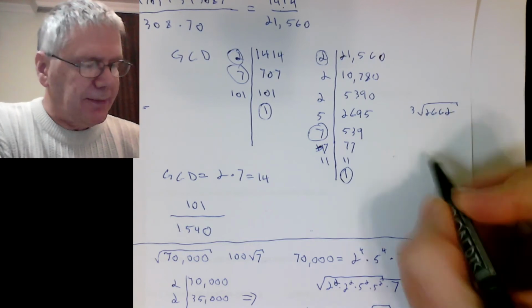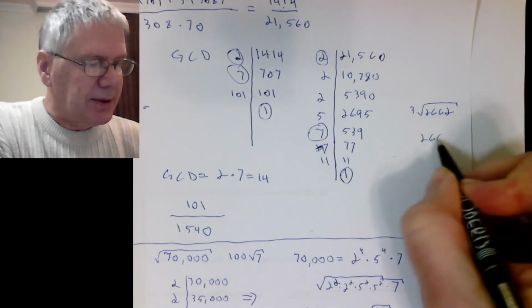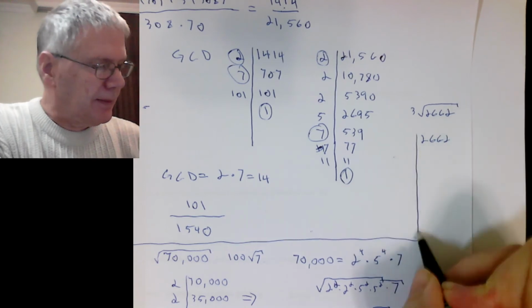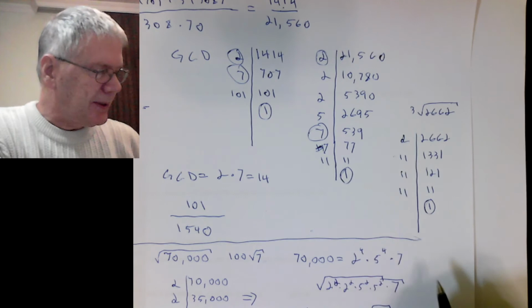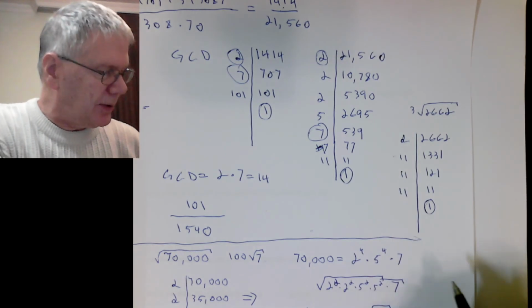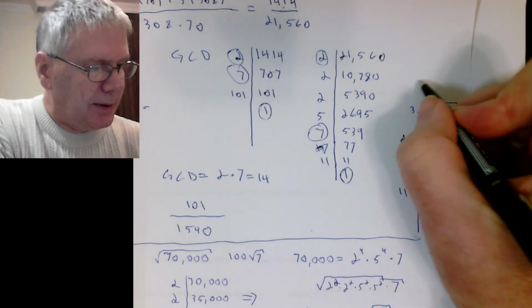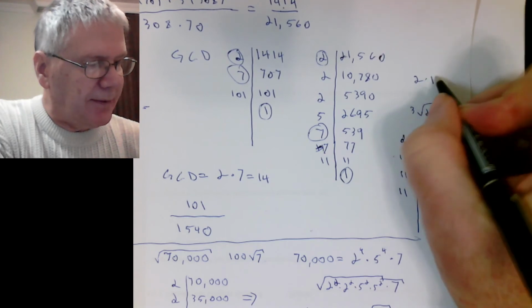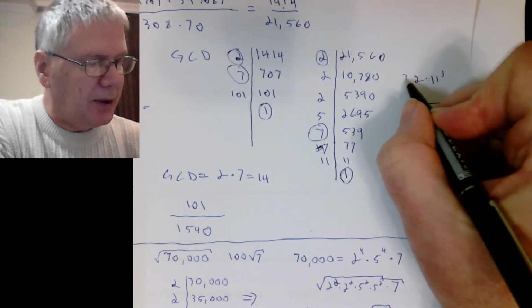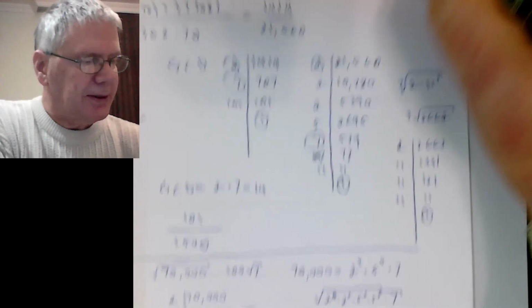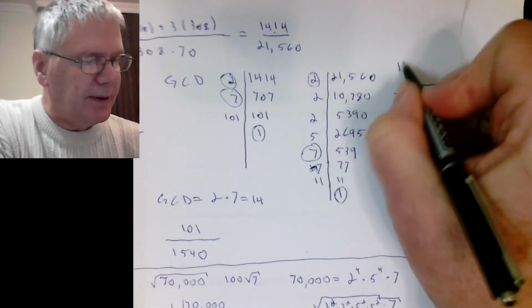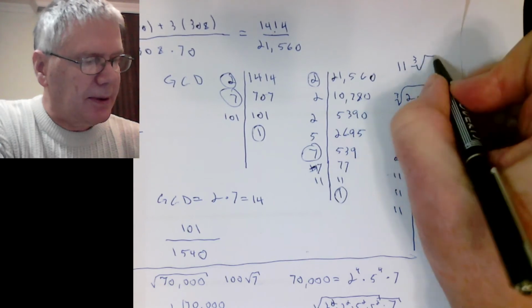So I want the factors of 2662 this time. The 2662 is 2 times 11 cubed, and I'm taking the cube root this time, so I could rewrite this as the cube root of 11 cubed times the cube root of 2.